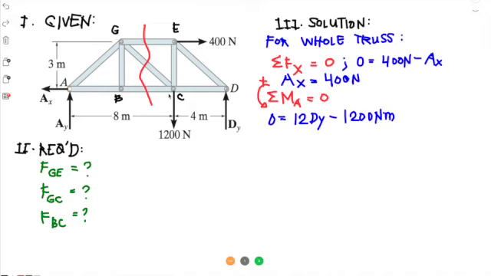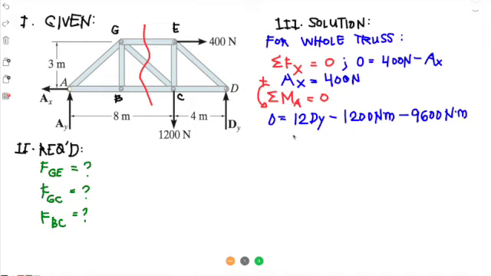The next would be 1200 times 8 meters. So that would be 12 times 8, that's 9600. That's also negative, that's 9600 newton meters as well.